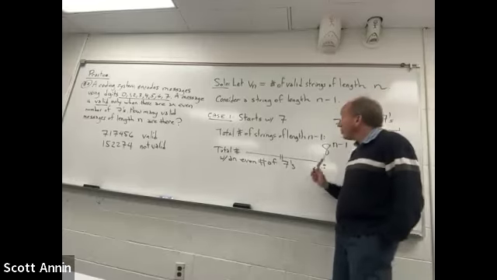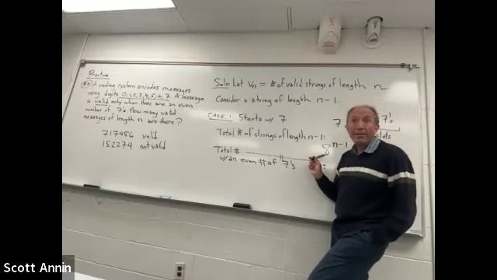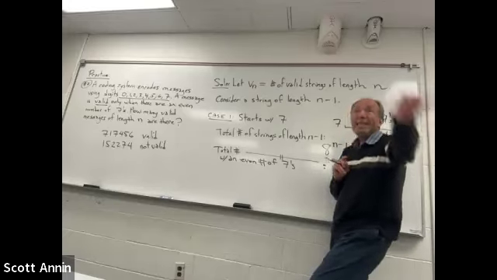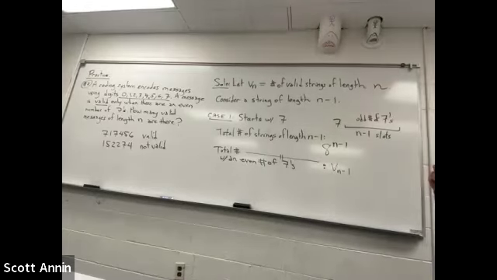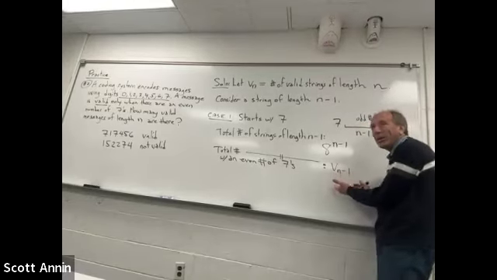In other words, how many strings of length n-1 are valid? What's my notation for that? V sub n-1, exactly. And so these are actually the violations right now, if I want to think about it that way.